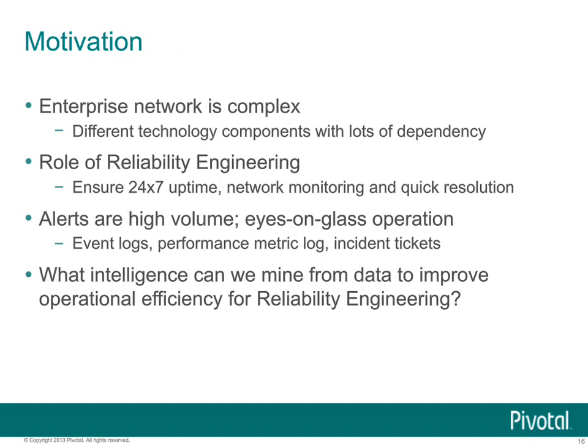It has various components such as servers, storage, network devices, middleware, and all of these technology components have a lot of dependency between them. And the role of reliability engineering within IT operations is to make sure that business critical applications are running all the time, 24/7.